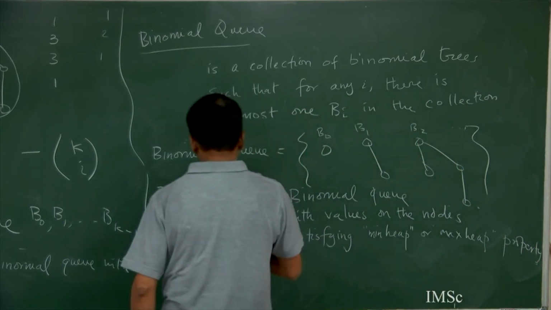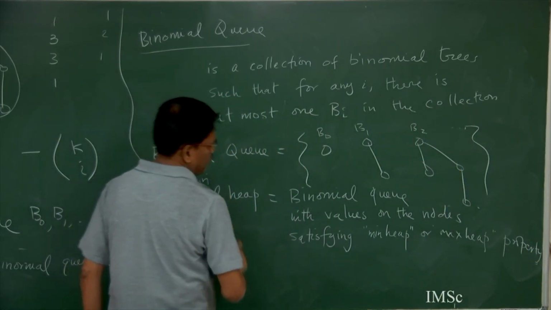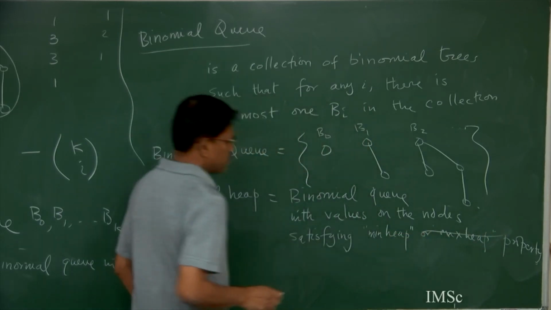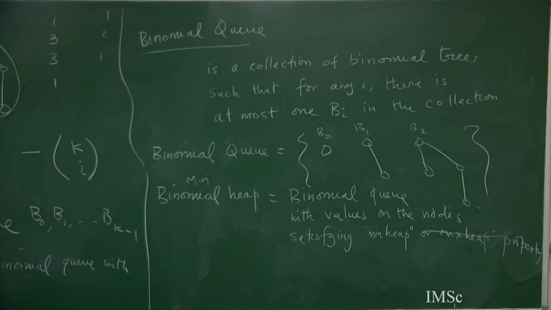So, if it is a min binomial heap, then it will satisfy the min heap property. It is a collection of binomial trees. The values which you want to represent are all distributed on the nodes of these trees, and in each individual binomial tree, there is a parent-child relationship like a binary heap.